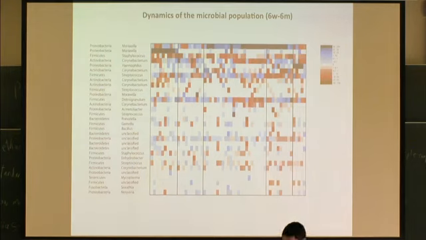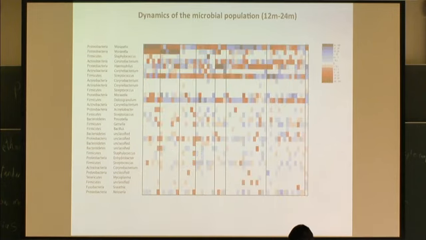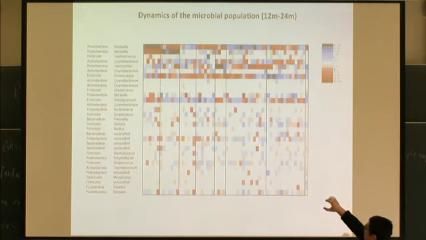Furthermore, if you look at the real drivers of these different groups, you see that in some cases these different Moraxella species increase. But in the other case, between let's say 12 and 24 months, one Moraxella is increasing while the other one is decreasing, and vice versa.